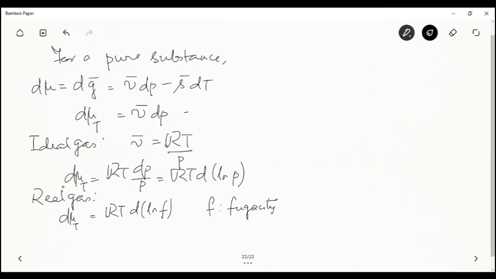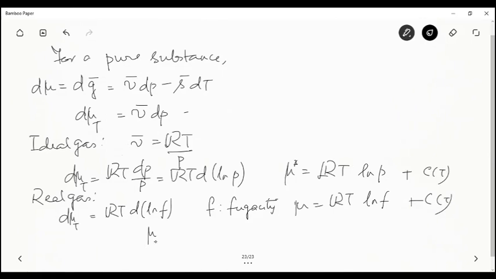If we integrate these two expressions along an isotherm, at constant temperature, we get mu star for the ideal gas equal to RT log P plus some constant, which is a function of temperature, C of T. And for the real gas, mu is equal to RT log of f plus the same constant C of T. So if I subtract, I get mu minus mu star, where mu is in the real gas state and mu star is in the ideal gas limit.